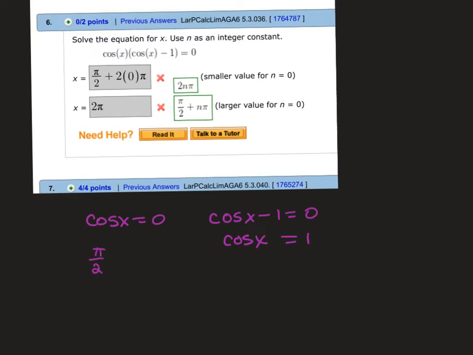Pi over 2 plus 2 n pi and 3 pi over 2 plus 2 n pi. And then cosine of x is 1 at 0 plus 2 n pi.